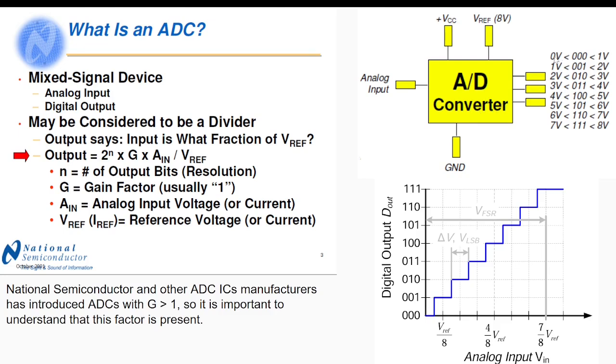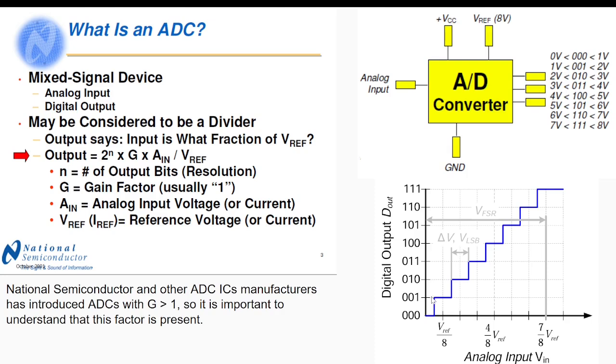So see, if the input voltage is between 0 and 1 volt, okay, so I'm assuming that this is going to be 1 volt, the output code will be 000 right here, as you can see. But if the input voltage is between 1 and 2 volts, the output will be 001.